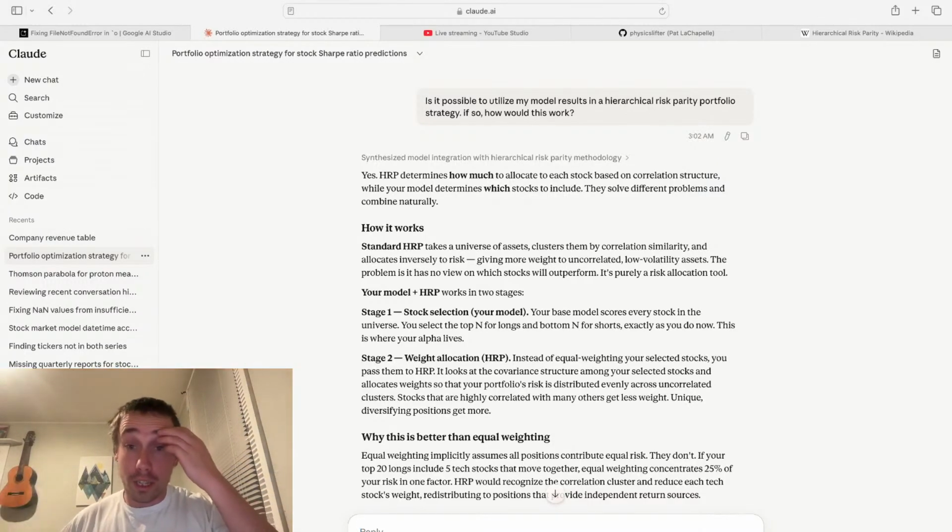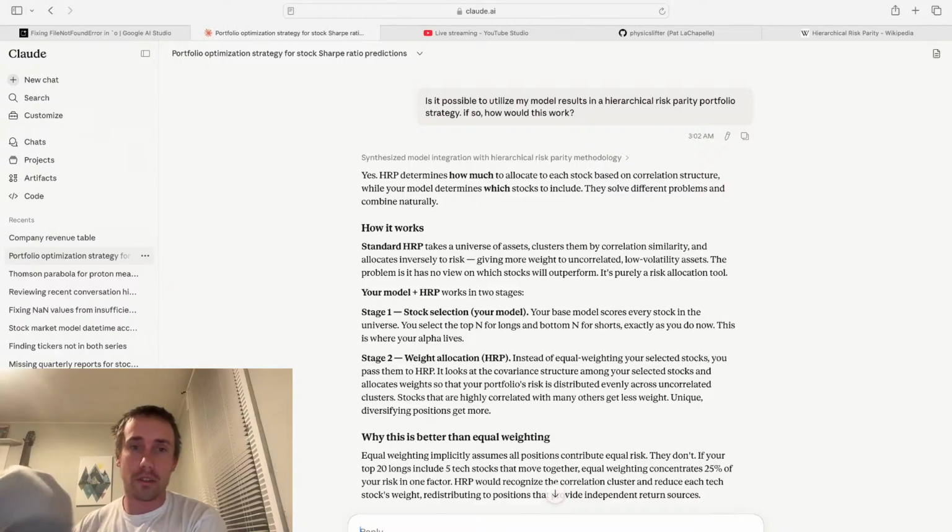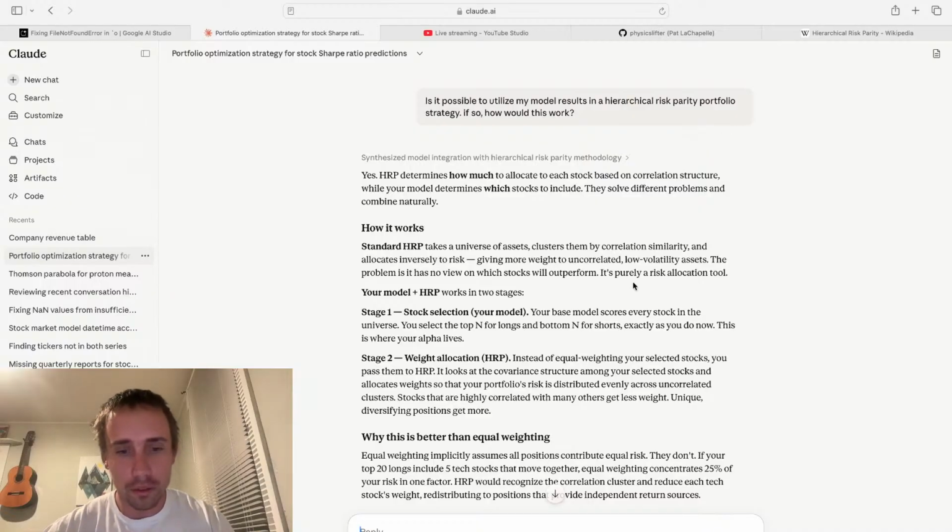It determines how much to allocate to each stock based on correlation structure. Well, your model determines which stocks to include. My model does not determine which stocks to include.